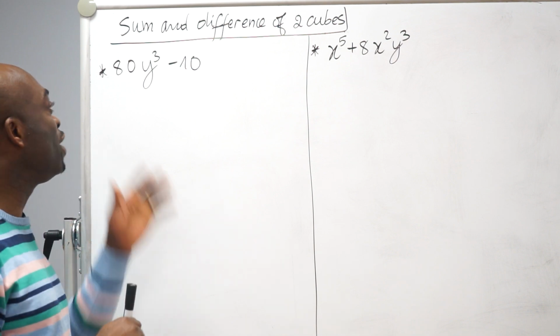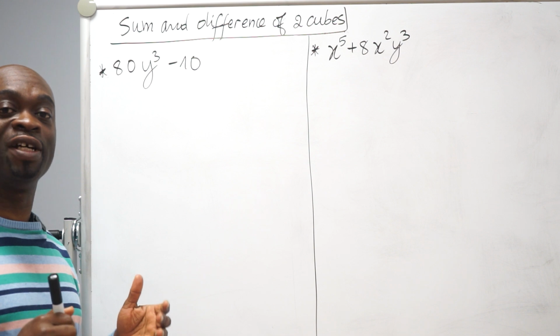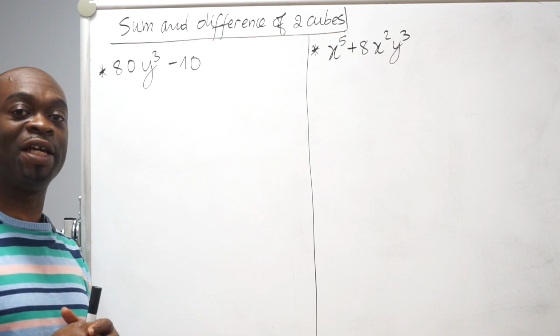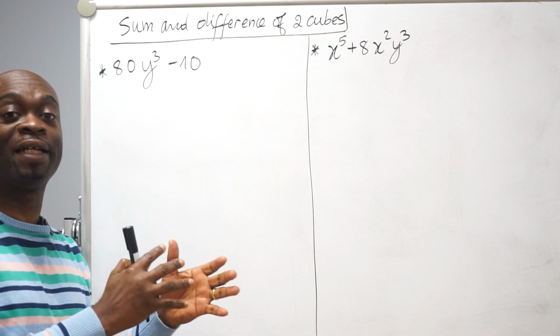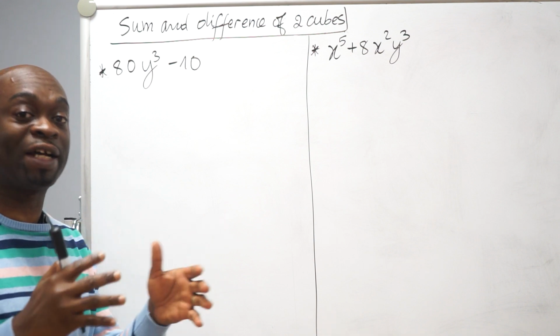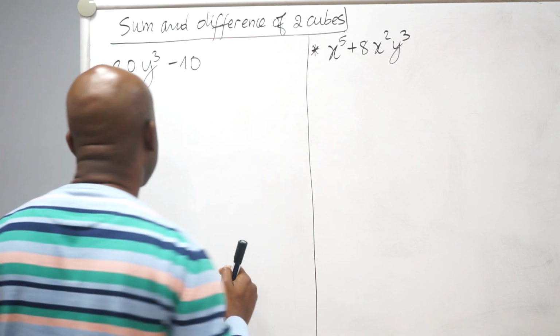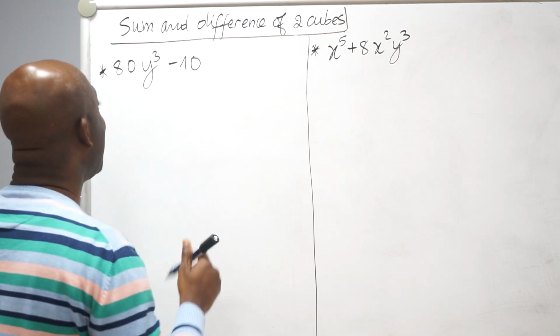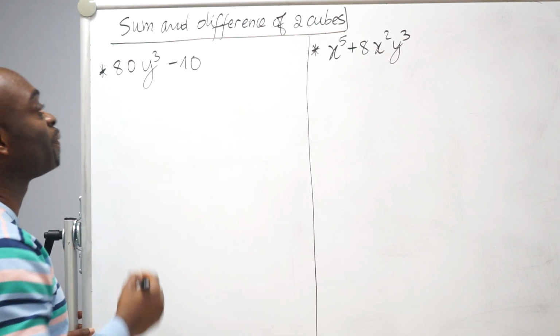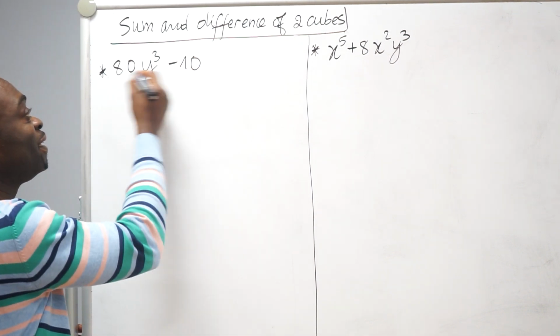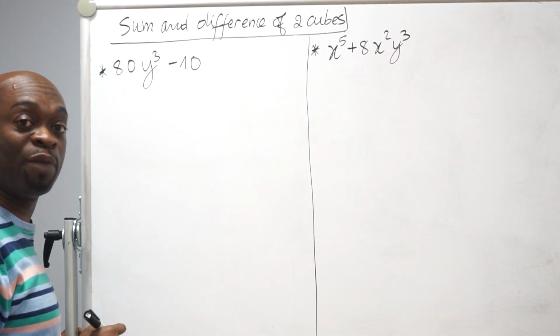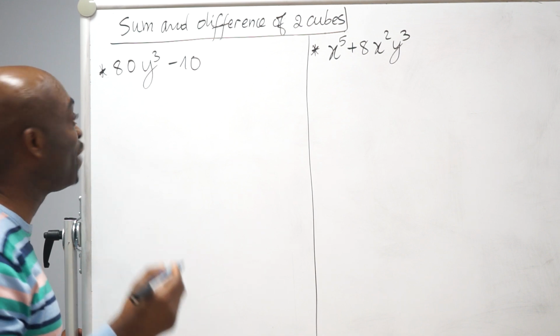No. So when you get to these kinds of issues, the first thing you always have to think about is: is there anything they have in common that I can take outside? The greatest common factor. Do we have anything in common for these two? Yes, because this is 80 and this is 10, two numbers ending in 0, so 10 can be a common factor.